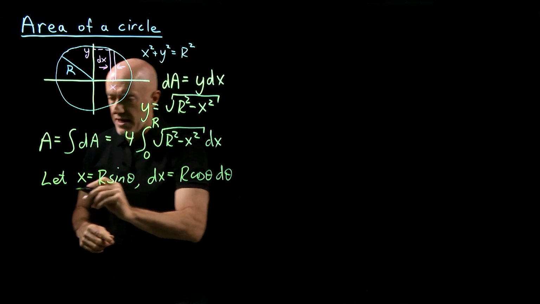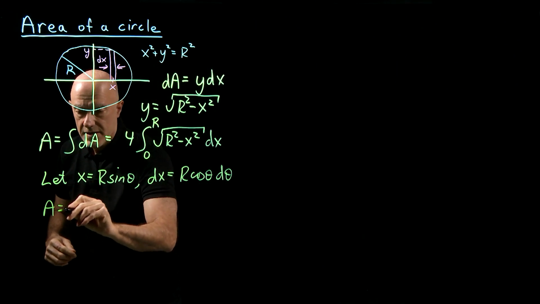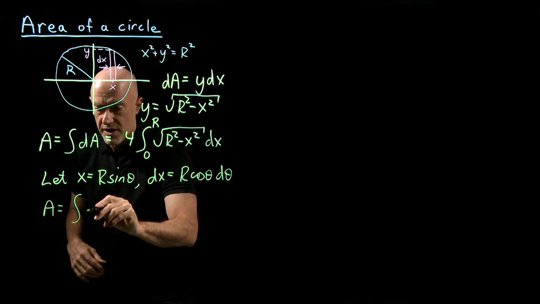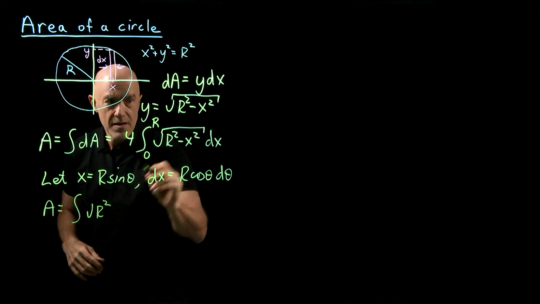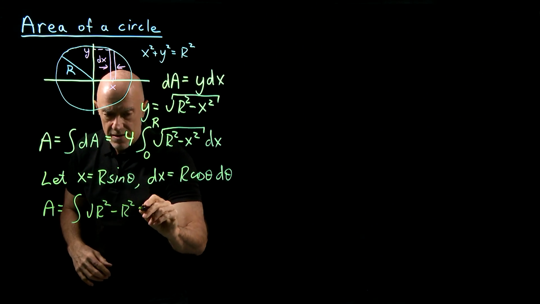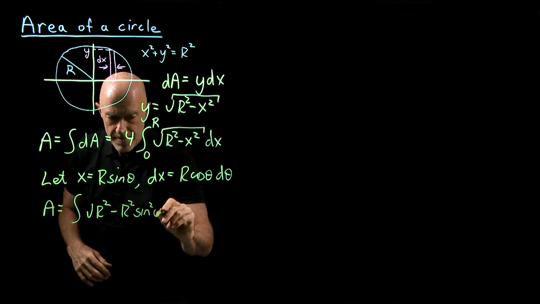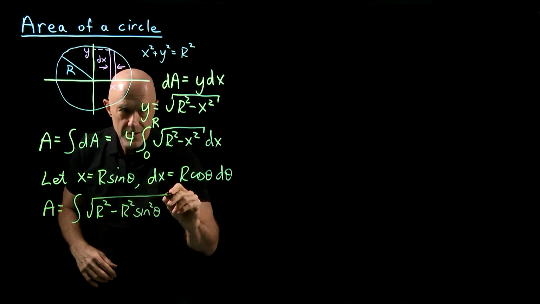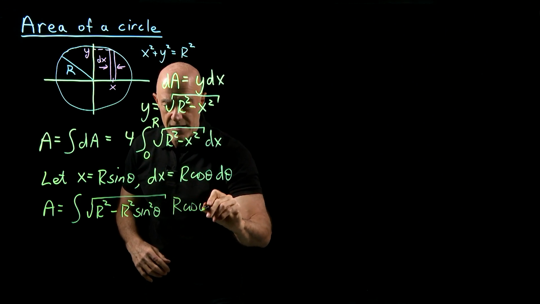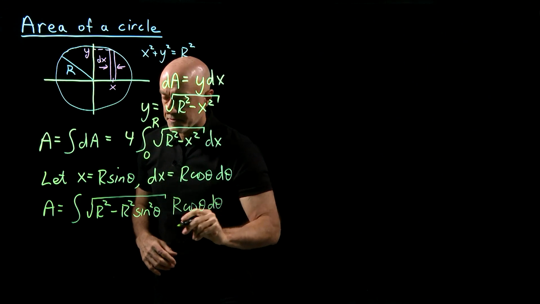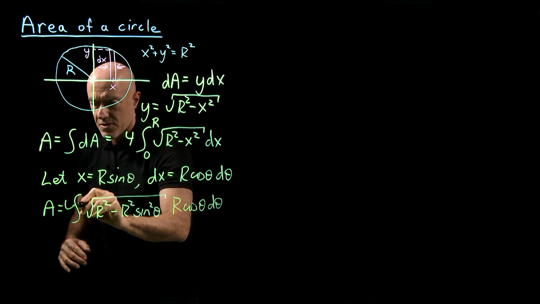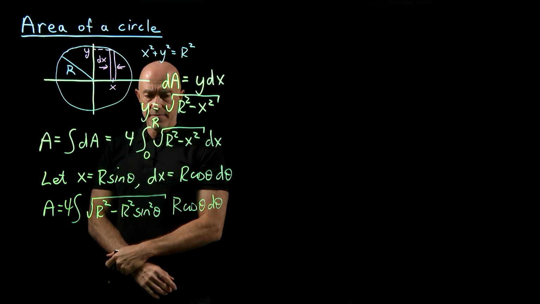So if we substitute in, we get the area is equal to the integral of the square root of r squared minus x squared, which would be minus r squared sine squared theta, times dx, which is r cosine theta d theta, and we're multiplying by 4, so we have a factor of 4 in front.